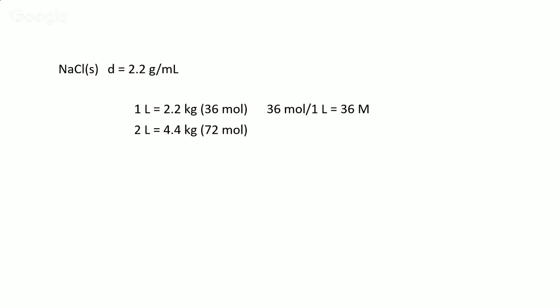If you had twice as much sodium chloride, you would have 72 moles in a 2-liter sample of your solid. Again, we're talking about a hunk of solid, not a solution. So you'd have that many moles per 2 liters. That's still 36 molar. So again, the concentrations of solid and liquid phase chemicals stay constant. So we don't bother factoring it into the expression of K.